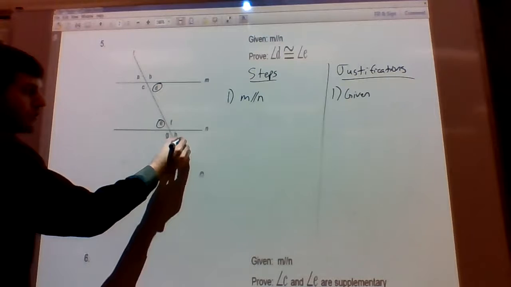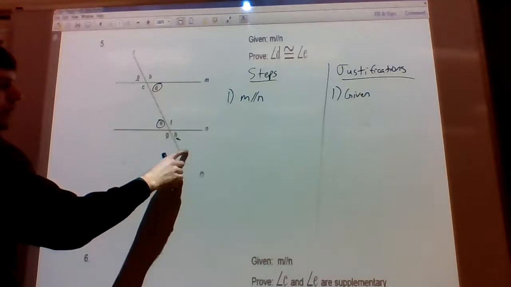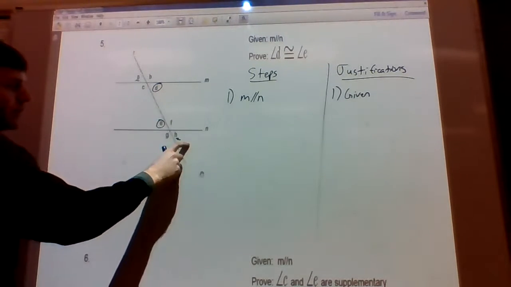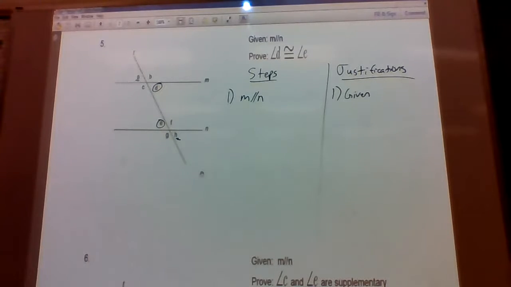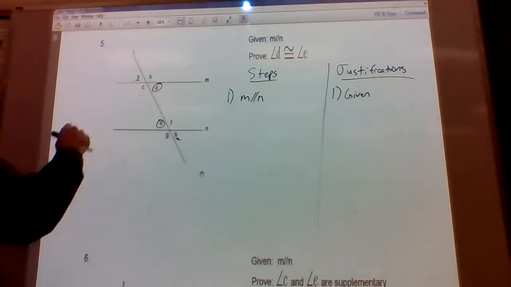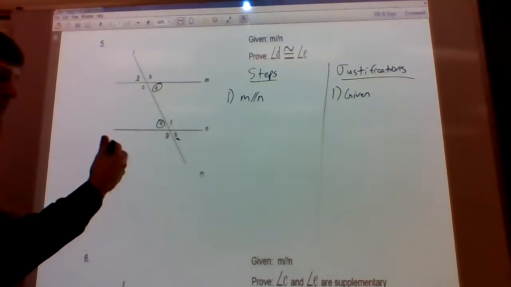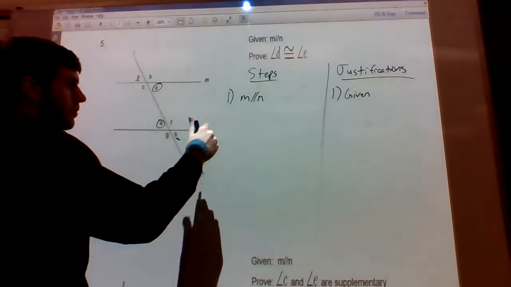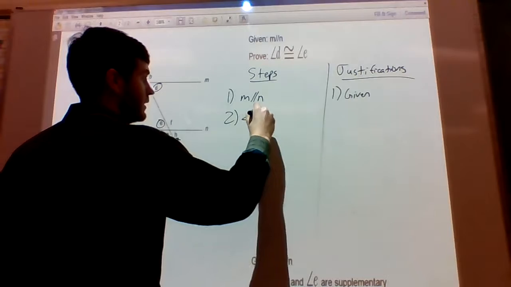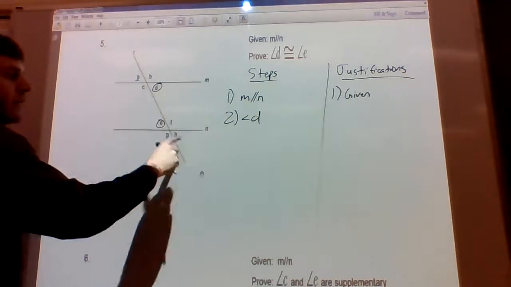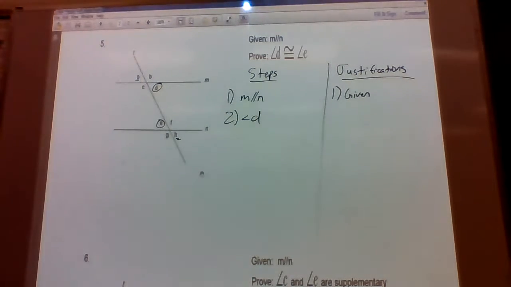We can either do corresponding angles to H, so D and H are corresponding angles, or we can go to A, which is a vertical angle. Let's just go to H. Either one would be fine. Let's go to H. So angle D, what do we know about angle D and H? Right, we said they're corresponding angles.